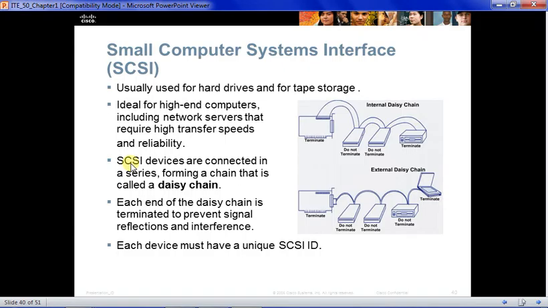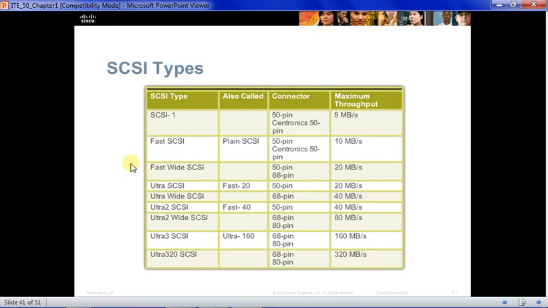So remember what a daisy chain is. Remember, at each end of the daisy chain, it must be terminated. And under a SCSI environment, each device must have a unique SCSI ID. So here are some examples of different types of SCSI.